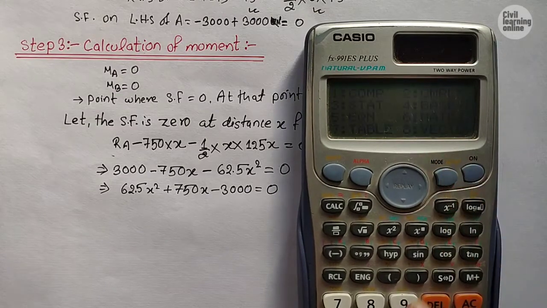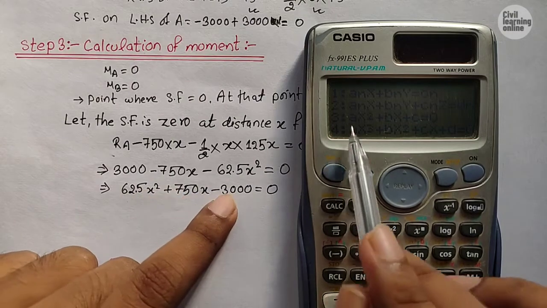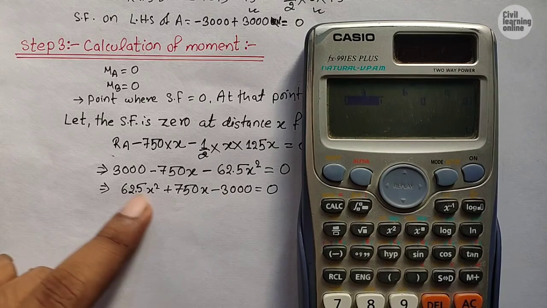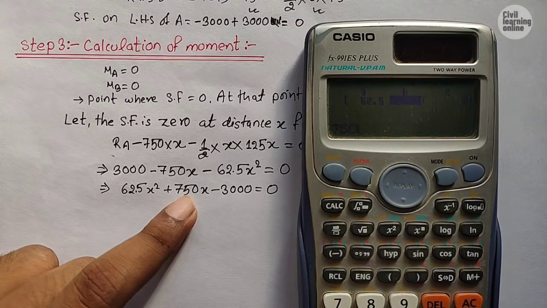Click mode and then press 5, and then select the equation of the form ax square plus bx plus c, which is our third type. So enter 3. Now enter the value 62.5, equals, 750, equals, minus 3000, equals.